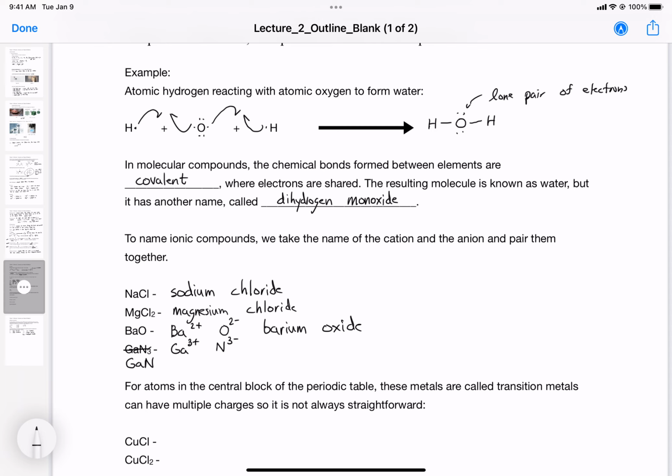It's like sodium chloride, right? When you're translating from a chemical formula to a name for ionic compounds, the number in front of the charge doesn't influence the name at all. So we have gallium nitride. Okay, so that's gallium nitride.